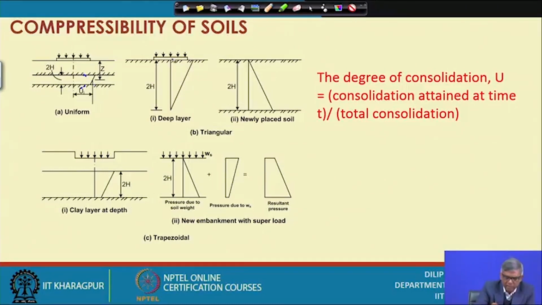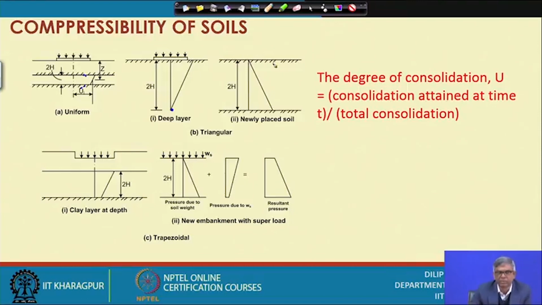Whereas if a load is applied like this, and I want to imagine the pore pressure over the depth from here to here, then pore pressure will be maximum here and minimum here, and at some depth it will become 0. Why is it so? Because of this loading, pressure is decreasing over depth, so pore pressure also will be less.